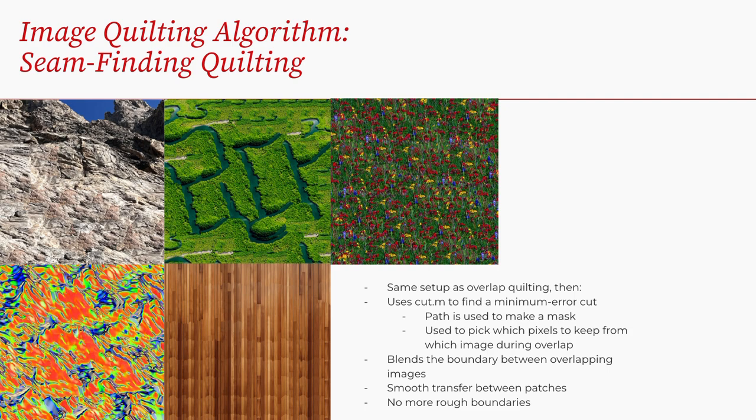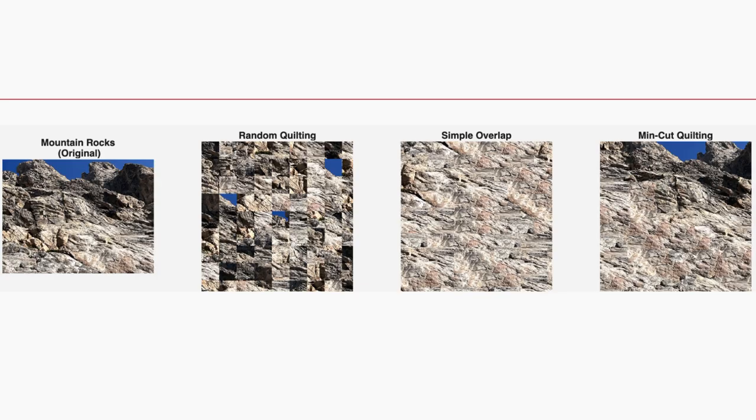This blends the boundaries between the overlapping images and smooths out the transfer between patches, and now we don't have any more visible rough boundaries. As you can see, I think the methods gradually get better with each iteration, and I chose this display because I thought it was a very good example of what my methods could do.